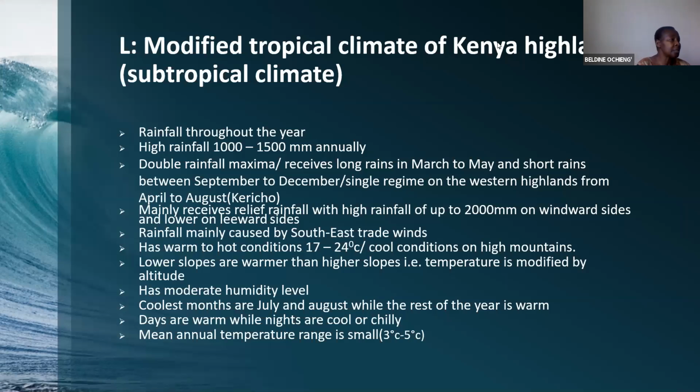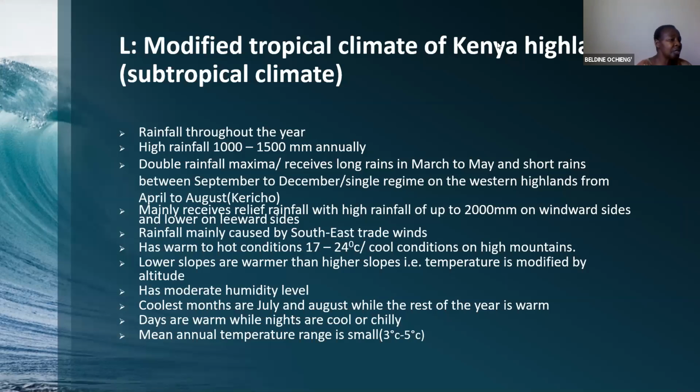These regions receive rainfall throughout the year. High rainfall between 1,000 millimeters to 1,500 millimeters annually. Double rainfall maxima: it receives long rains in March to May and short rains between September to December.